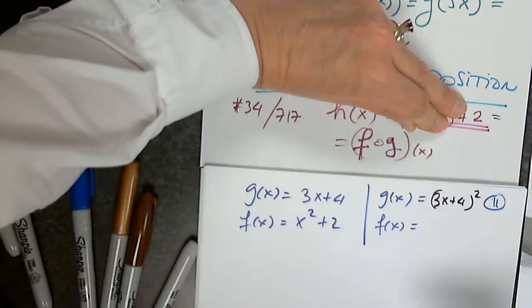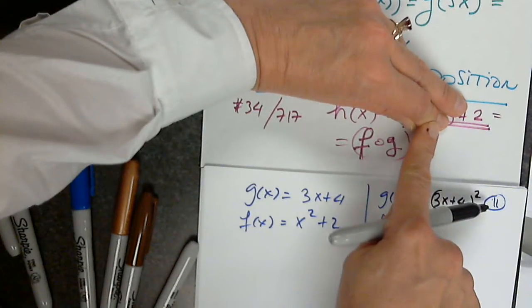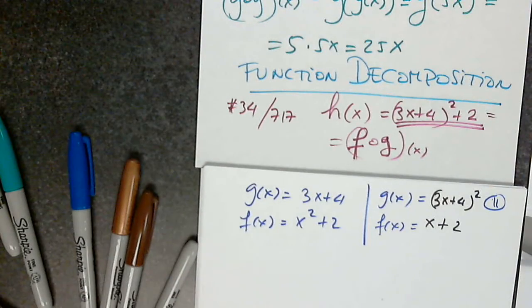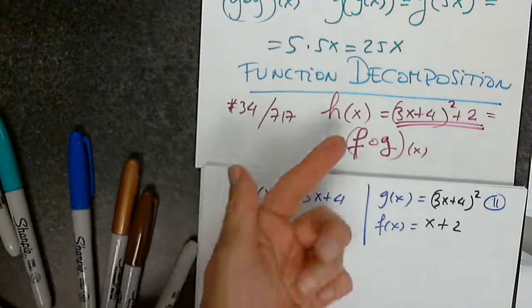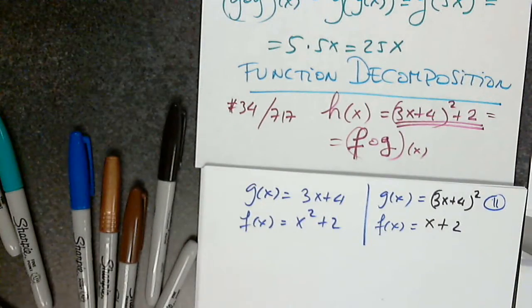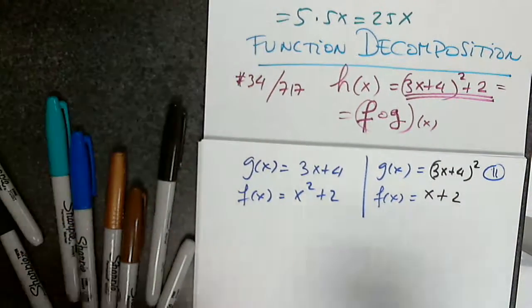Once you get a number, what will be the outer function? X plus 2. Which one would you like to check to see that the function composition, f comp g, will definitely give us h? You want the first option or the second option? First option. First option. Very good.